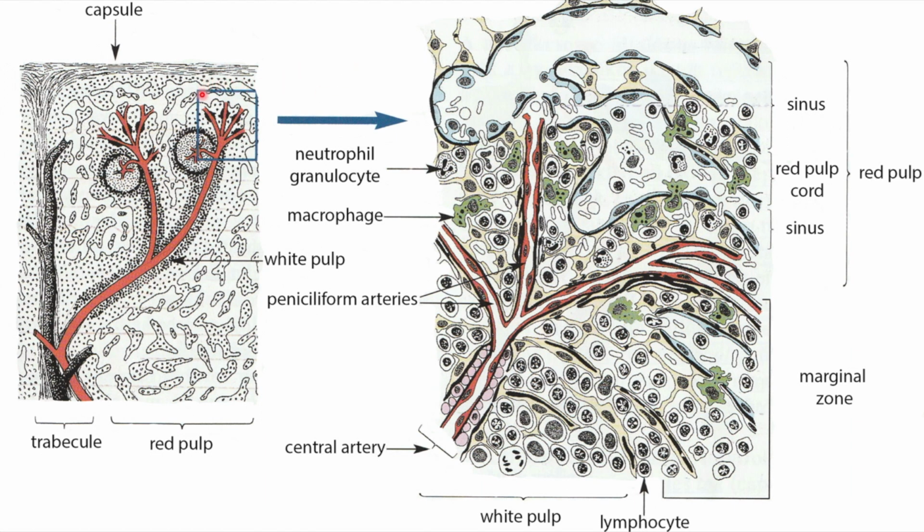If we take a higher power magnification of this area of the spleen, then we will have the chance to better understand the blood flow inside of the spleen. The central arteries themselves branch up to smaller arterioles and eventually capillaries, and they have several different ways to fulfill their function.